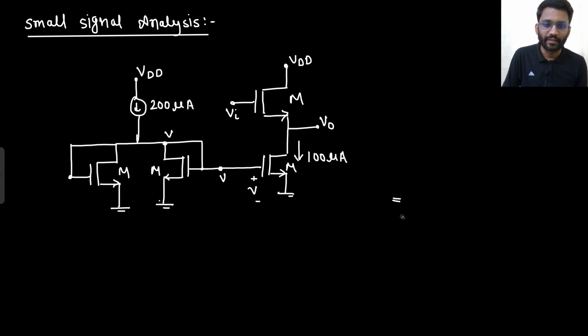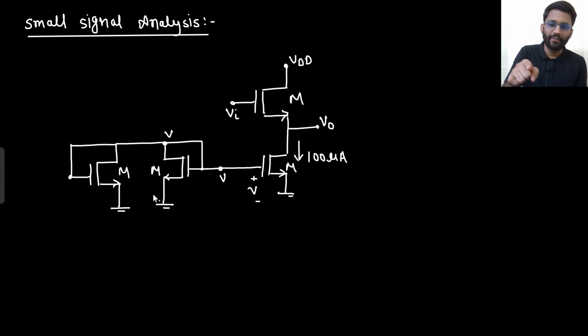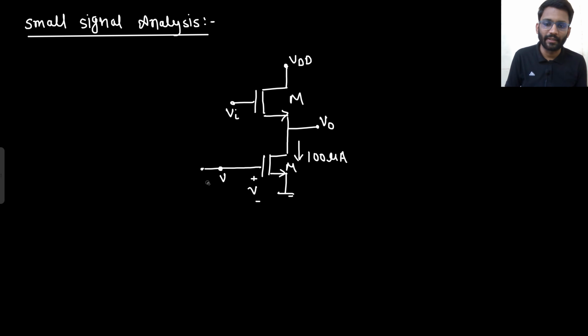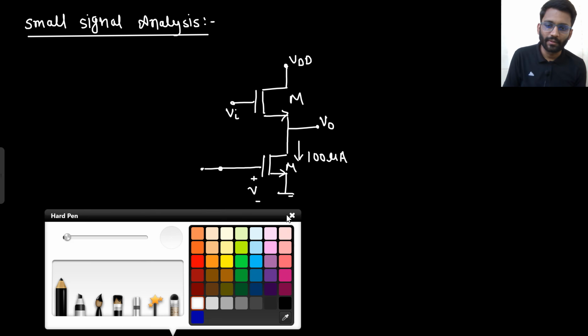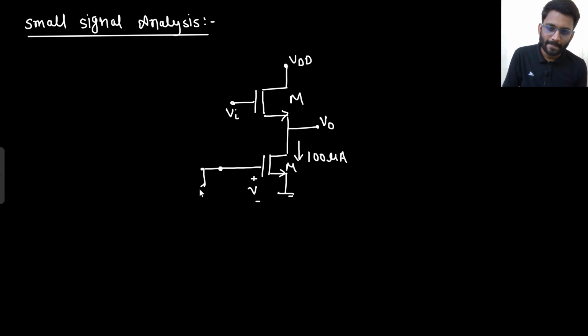All transistors are already working in saturation, so forget about it. This is 200 microampere, which will be gone. From V to ground, this much circuitry will be replaced by 1 by gm parallel with ro, parallel with 1 by gm, parallel with ro.